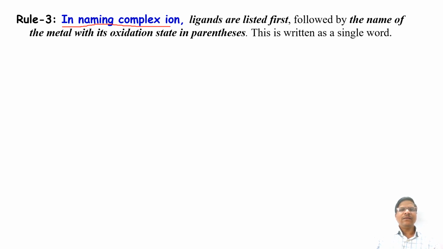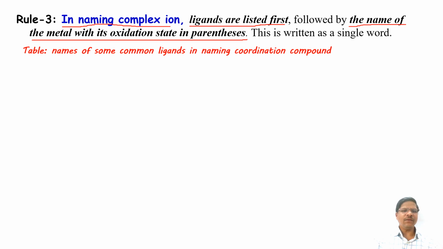In the naming of the complex ion, ligands are listed first, then the name of the metal ion is written and the oxidation state is written in parentheses after the name of the ion. So name of the ligands, then name of the metal ion, and in the parentheses the oxidation state of the metal ion, and all this is written as a single word.